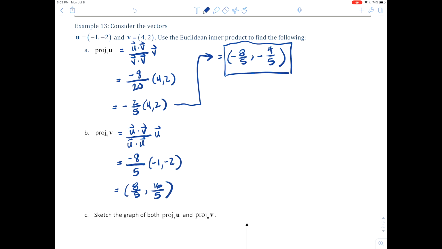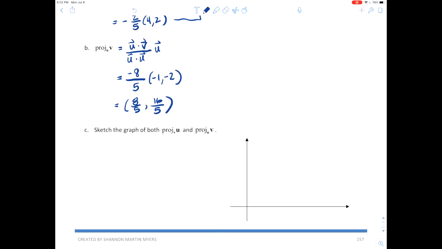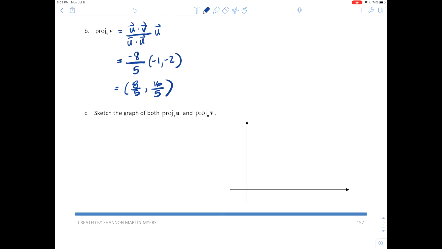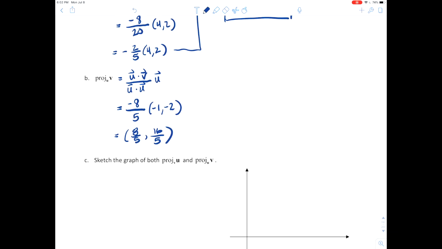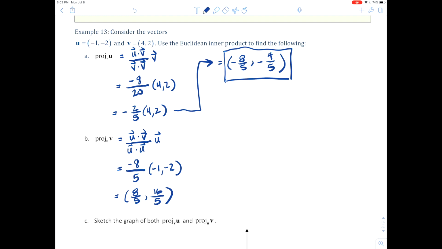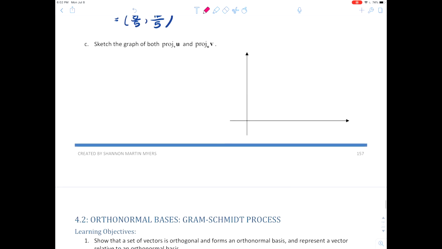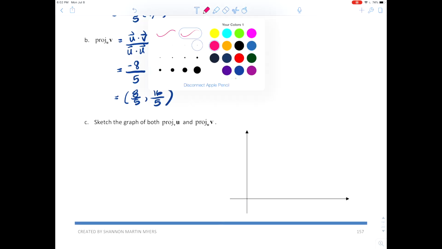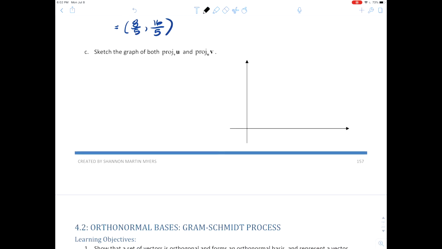Groovy? All right, why don't we look at a picture of this stuff, and let's also look at a picture of the original vectors so we can scope it out here. So U, I'm doing pink, -1, -2. Let me extend this out a little bit.